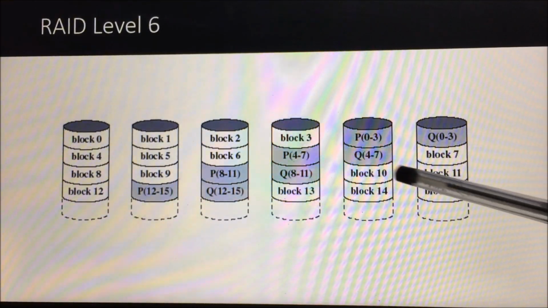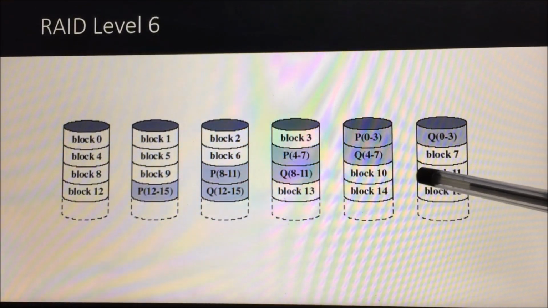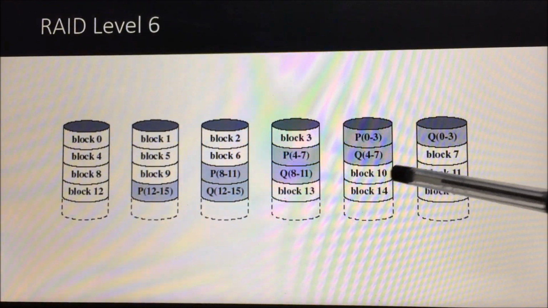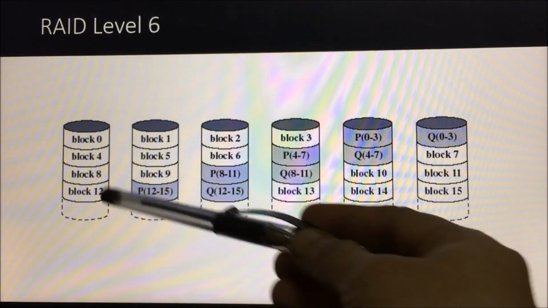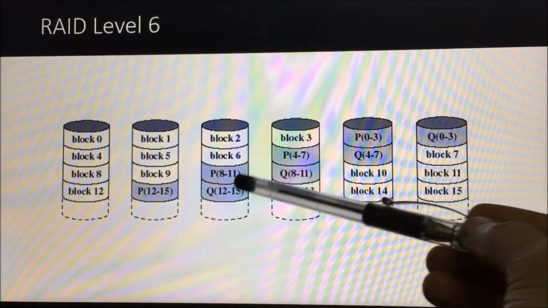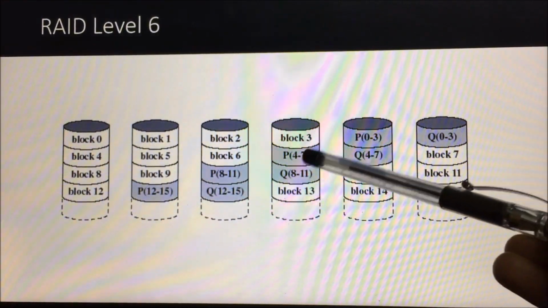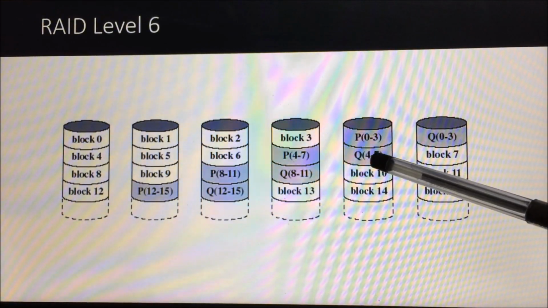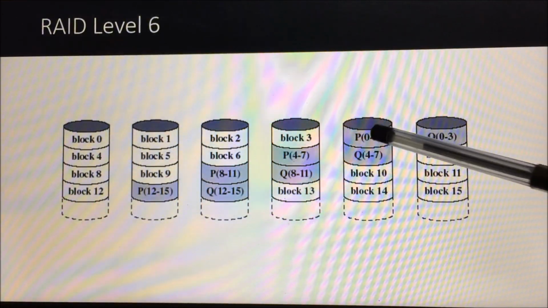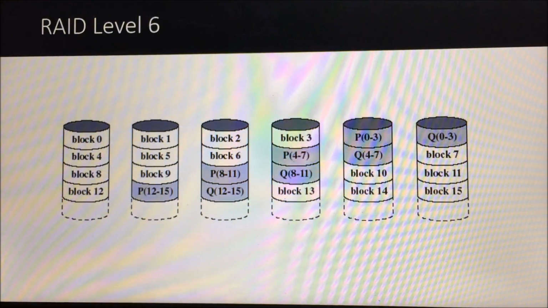And in the last case, 2 data blocks are lost. Here we should be able to recover both the data blocks using the 2 other data blocks and the 2 parity blocks. And here, using 1 parity and 3 blocks, we are supposed to recover Q and block 7. Here only calculation is required.